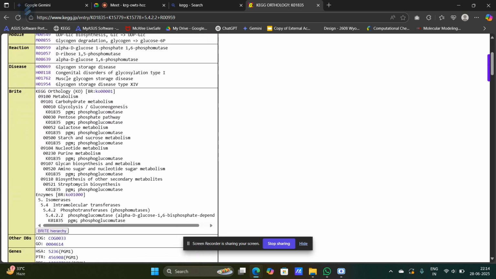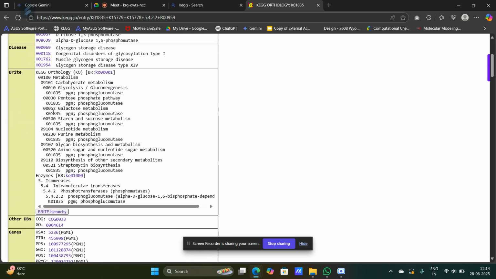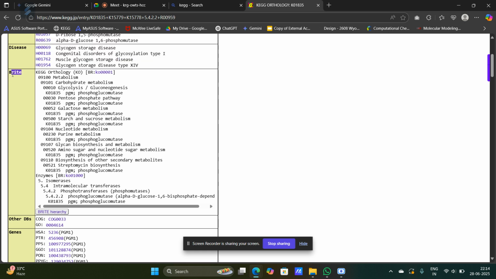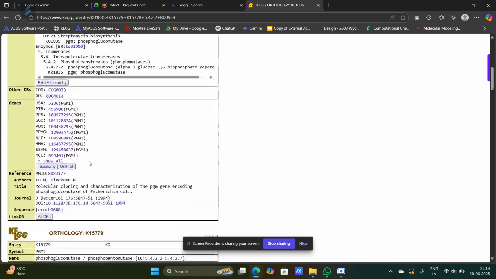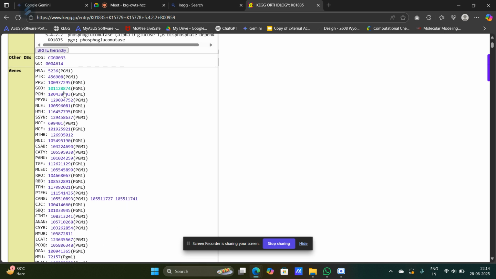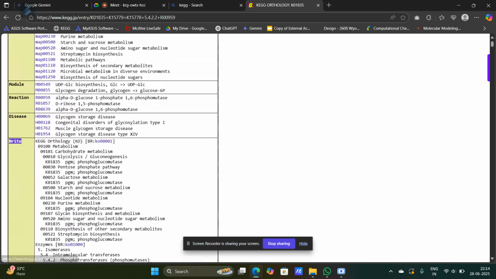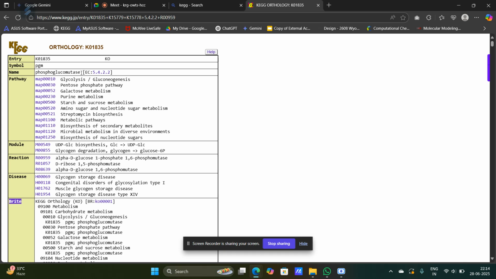Hope you are able to understand. What is BRITE, we will look into later. There is a separate database called KEGG BRITE. And again, genes. As I said, these are different genes belonging to different species, but their function is related to the function of phosphoglucomutase.